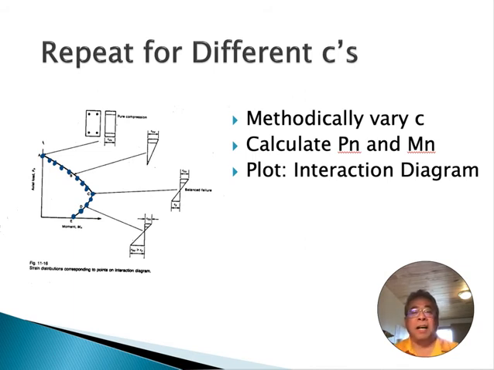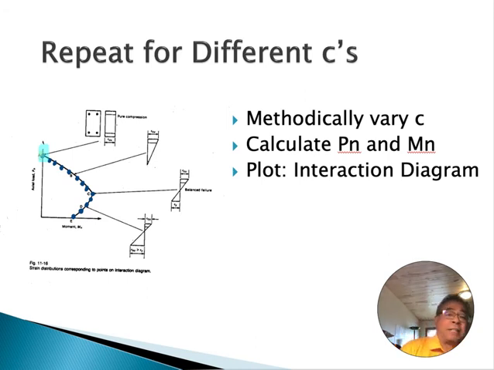Now, on this diagram, here are some special points. This point up here is pure axial. Okay.